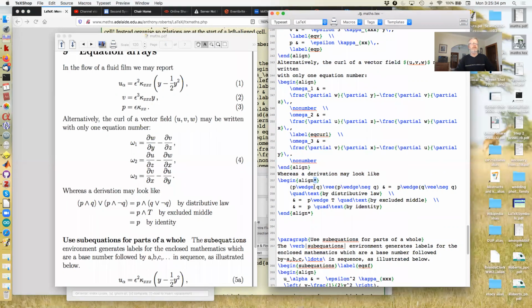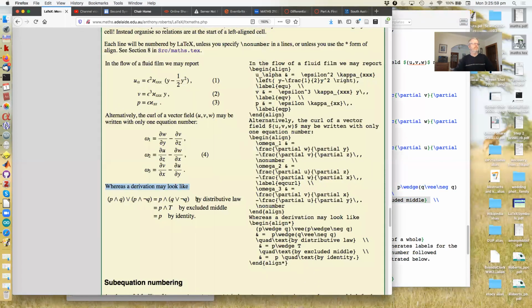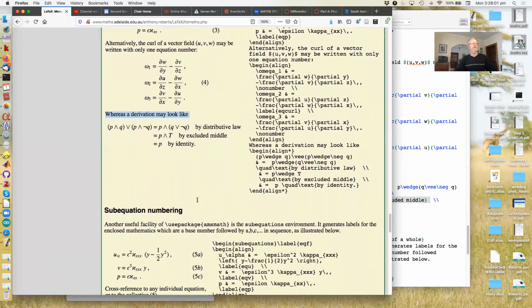So here we have the first line, the mathematics, then \quad, and then within \text is the words "by the distributed law". The next line, \quad, \text "by excluded middle", and so on. So that's the basic align.